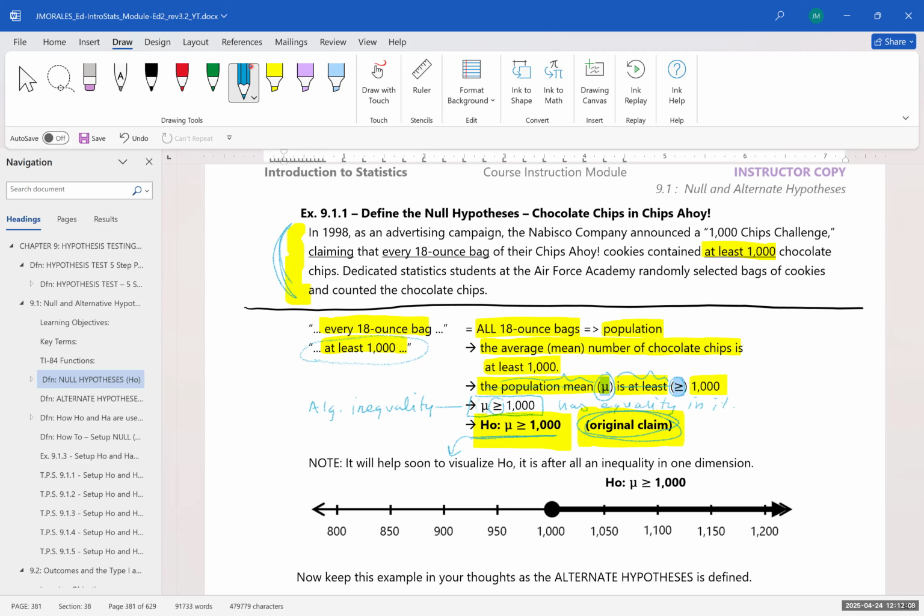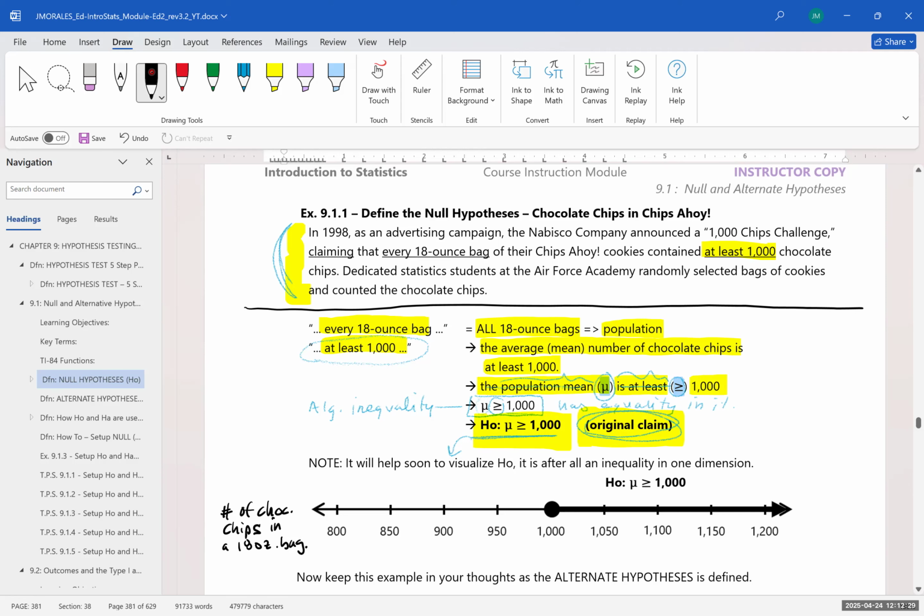So if we draw this number line, and this number line is the number of chocolate chips in an 18-ounce bag.